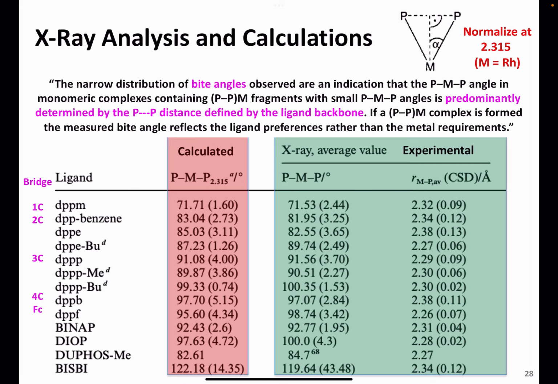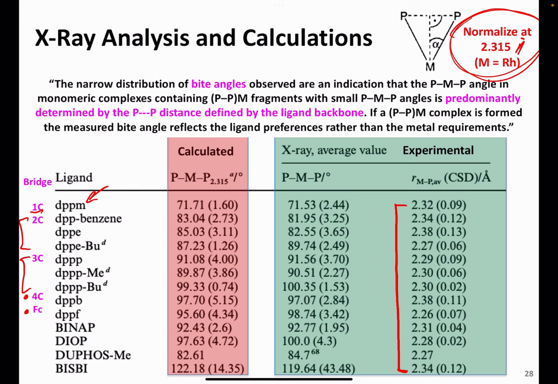All right, and so experimentally, again, notice the MP bond lengths. They actually all are pretty close to the 2.315 angstroms that they use in the calculations. Now notice that the bigger the spacer between the two donor atoms, here's a 1-carbon bridge, diphenylphosphinomethane. These all have 2 carbon bridges, 3 carbon bridges, 4 carbon bridge, ferrocene bridge.